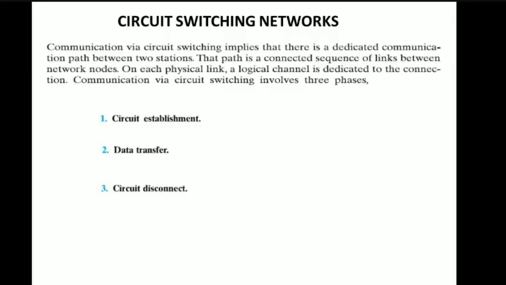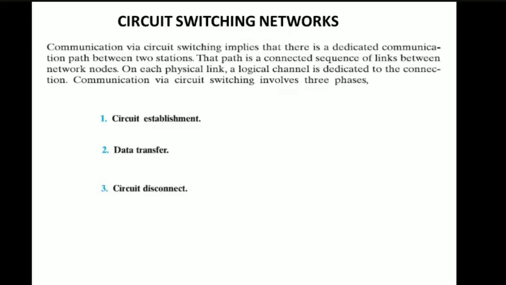In a circuit switching network, the main important thing we have to remember is that there is a dedicated communication path between two stations. If you take two stations, the source station and the destination station, there is a dedicated communication link or path between them.